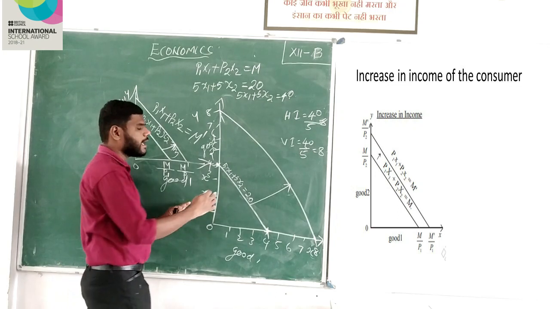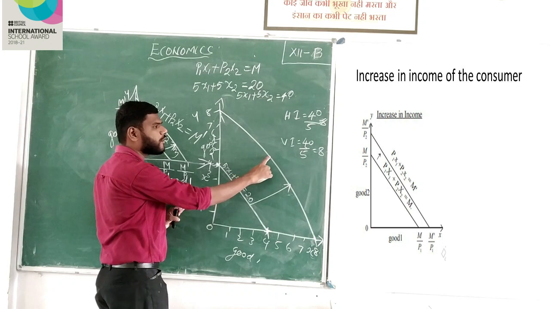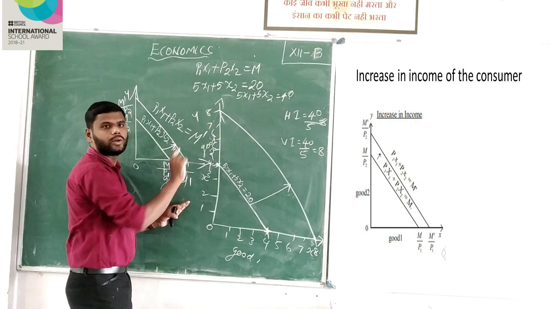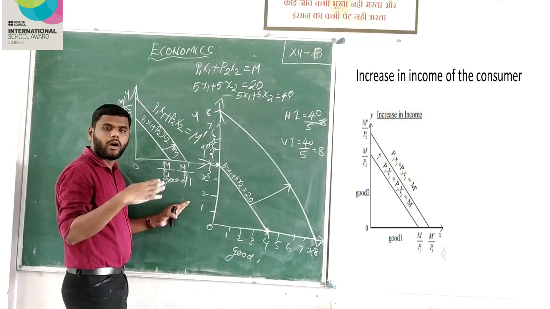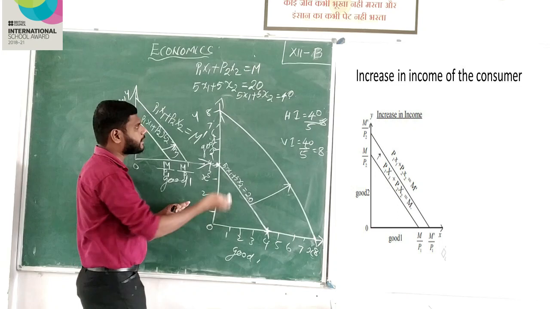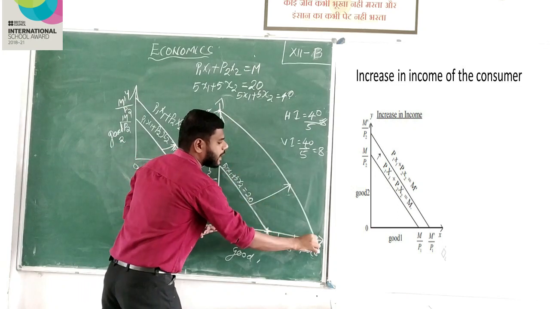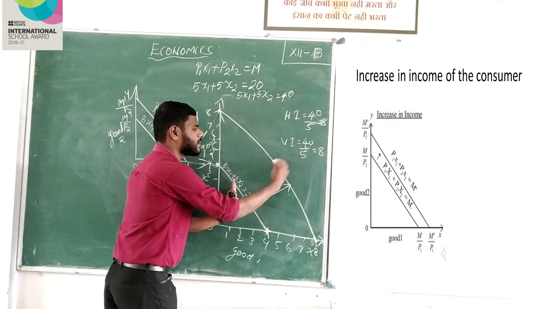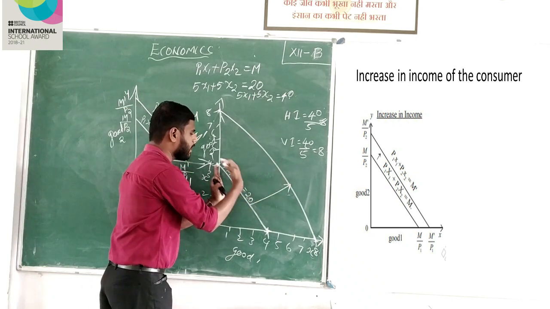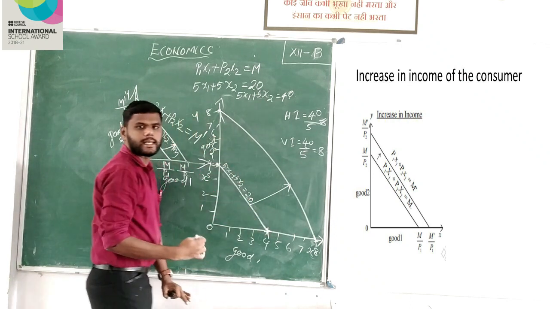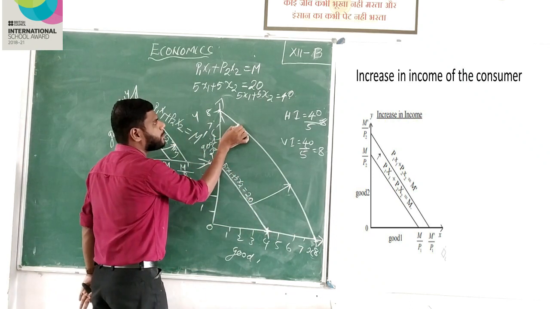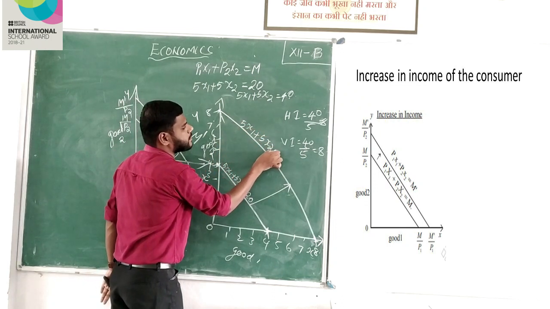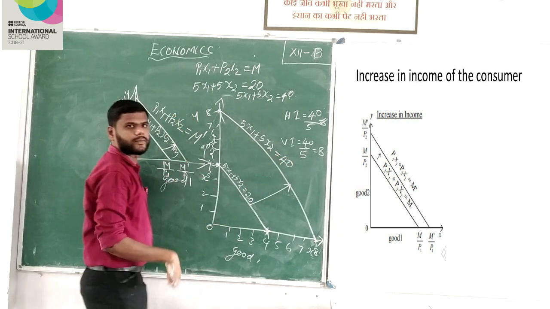As a result, he is purchasing more of good 1 and good 2 commodities. At that time the horizontal and vertical intercepts are changing, but the slope is not changing. That is, equally he is spending the amount to purchase the commodity. So this is the new budget line, that is 5x1 plus 5x2 is equal to 40.